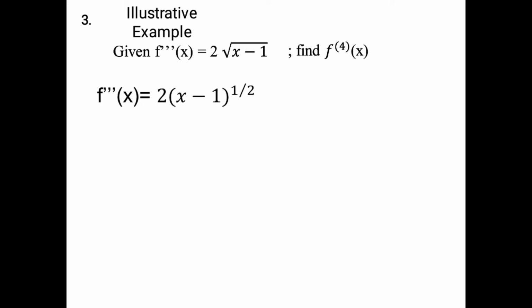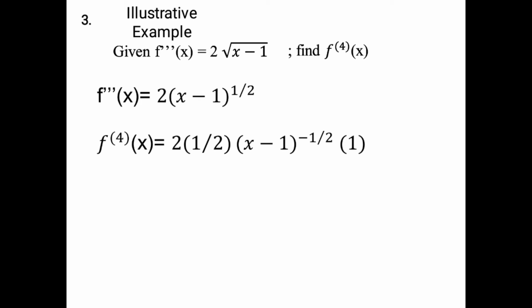And next step that we need to do is to apply the chain rule again. Multiply the exponent 1/2 to our base 2. And then get the derivative of this x minus 1. Then multiply. That's why we have 2 times 1/2 times x minus 1 raised to negative 1/2.